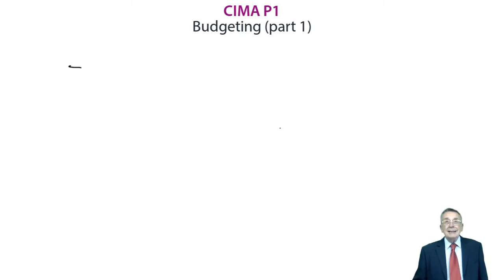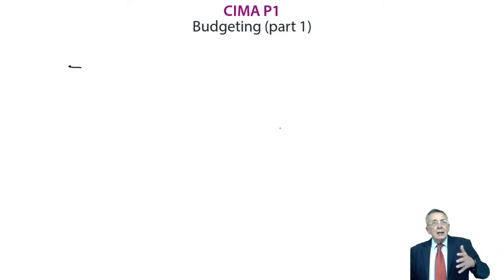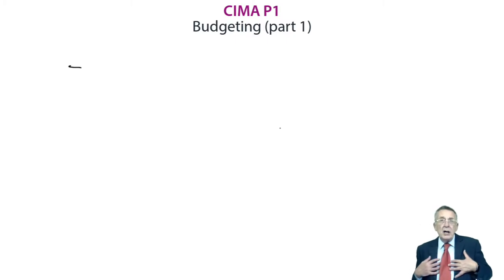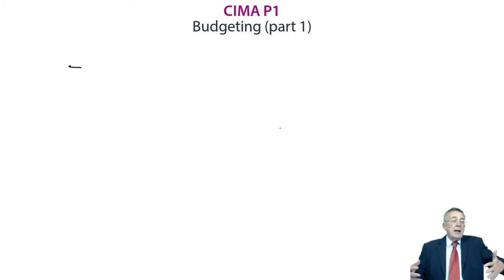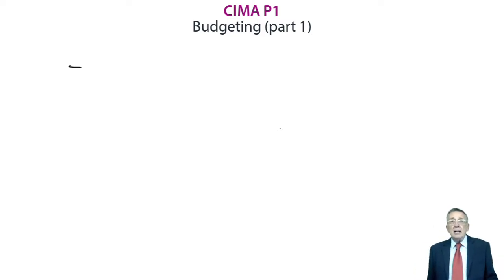Now, coordination. If I'm in charge of the budget process, I'll ask the managers what they can achieve. My production manager might tell me we're capable of producing 100,000 units a year.